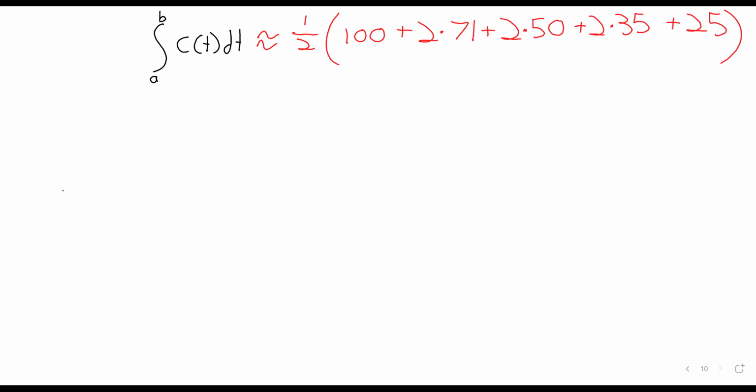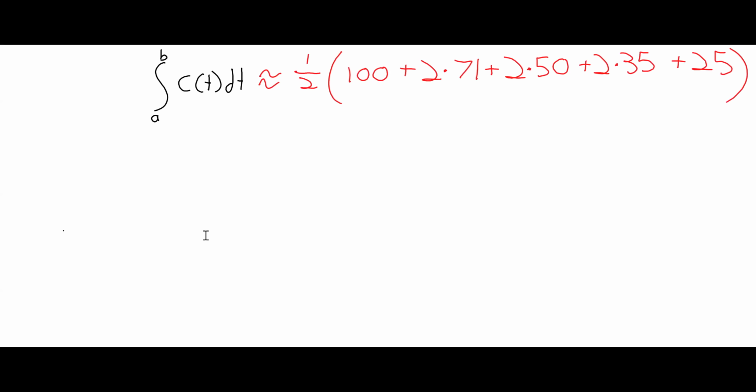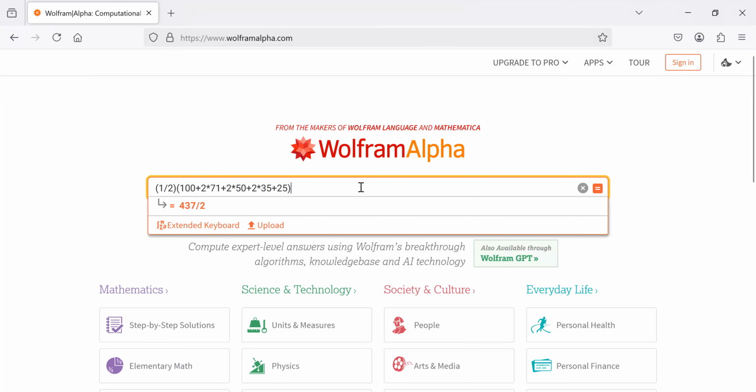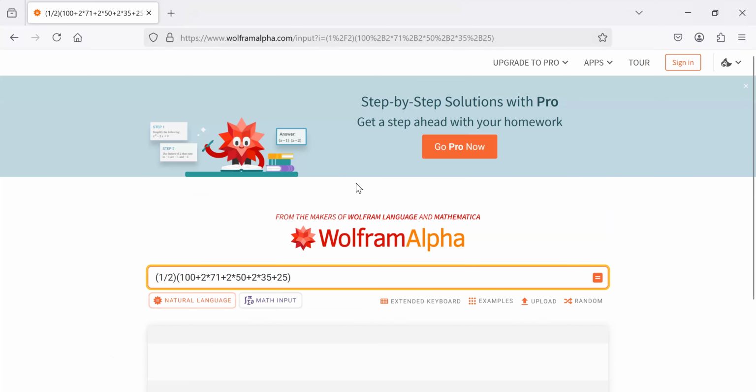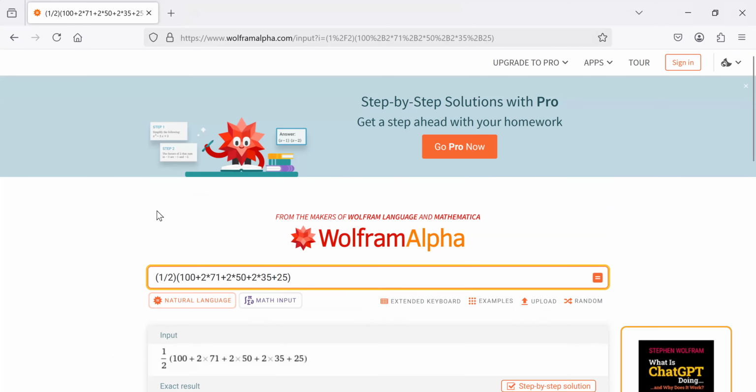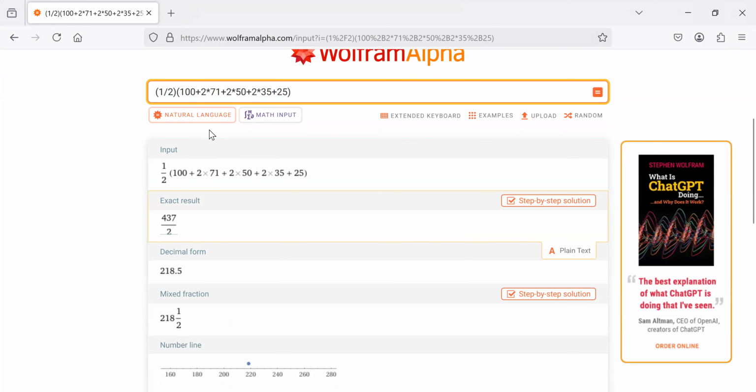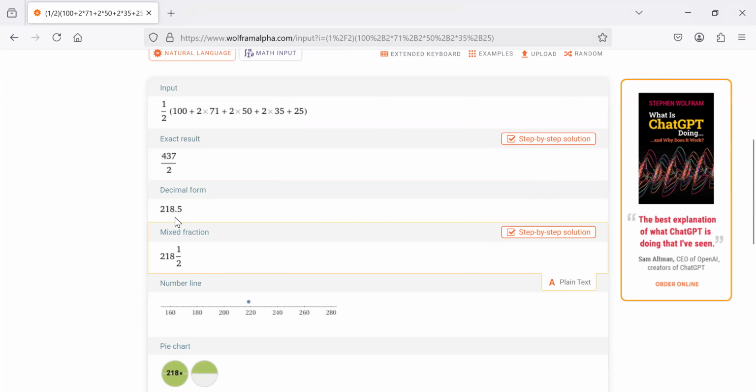I'll share a screen in just a tick. We type it in, this is essentially a calculator website, and we press enter. And here we go, 218.5.